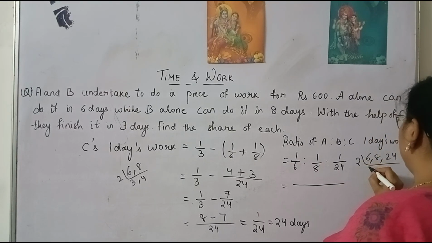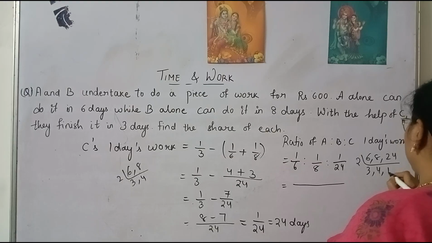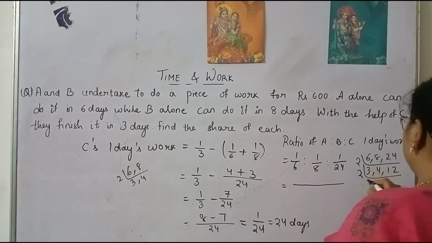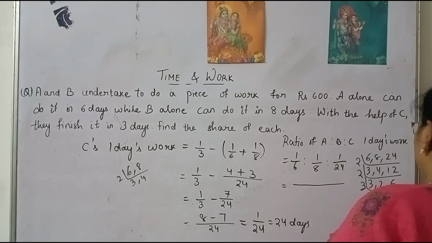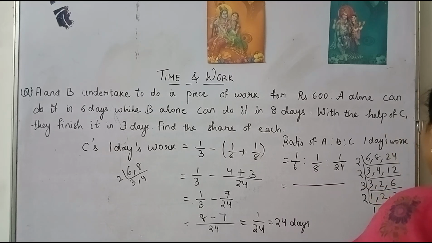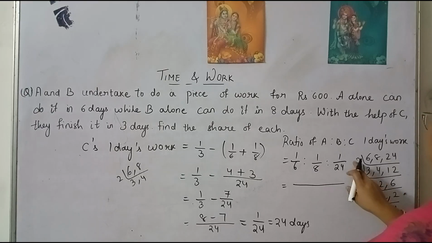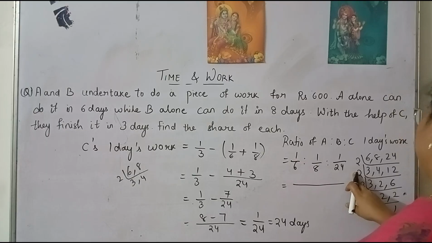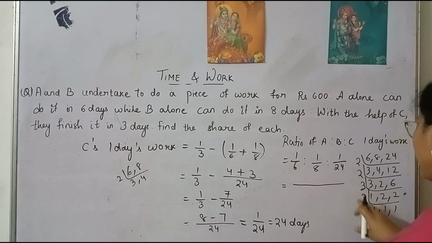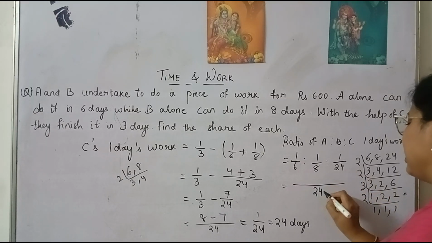We get here 2 3s are 3 4s, 12s, okay. Then 2 2s and 2 6, okay. Then 3 1 2 1. Again 2 1 1 1. Okay. So here 2 2s are 4, 4 3s are 12, 12 2s are 24. So we got the same LCM again.